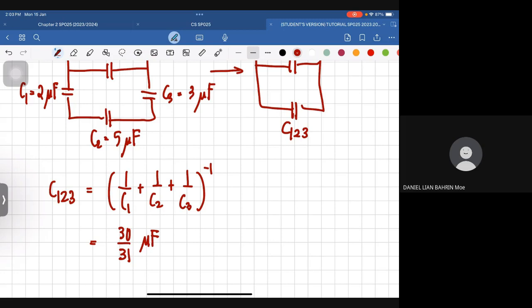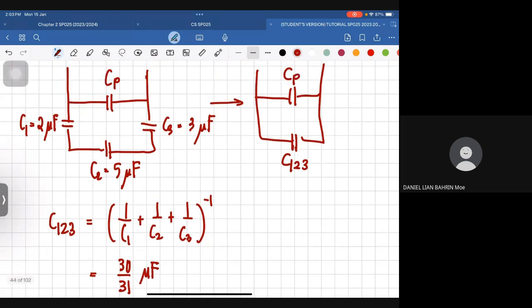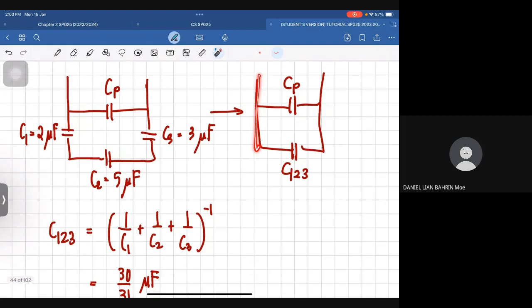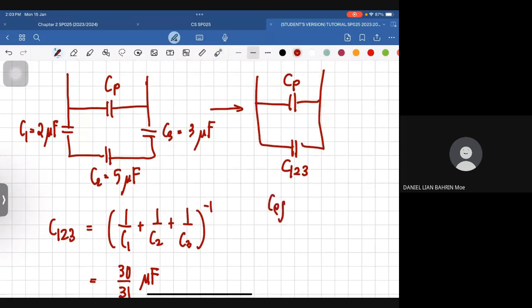Dua-dua acceptable. Okay. And then lastly, for the effective capacitance, kalau kamu tengok ini, dia ada junction, meaning this is in parallel. So from here, effective capacitance is just Cp plus C1 to 3, where this is 4 micro, this is 30 over 31 micro.